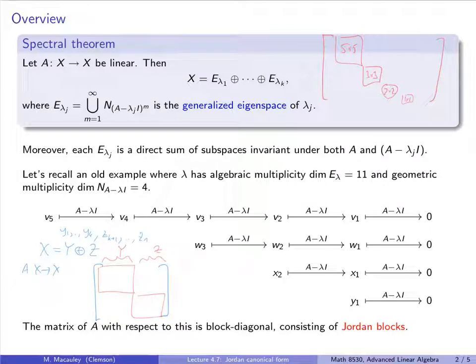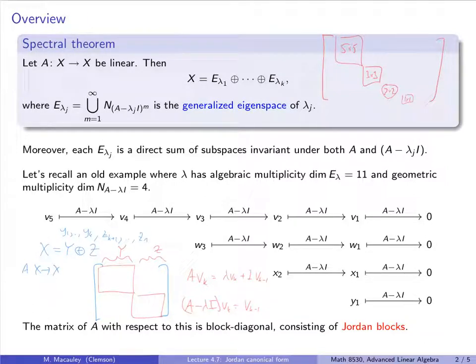And the reason for that is because by construction, if we do A minus lambda I times vk, then we get vk minus 1. So A times vk, if we solve for A vk, is equal to lambda times vk plus 1 times vk minus 1.